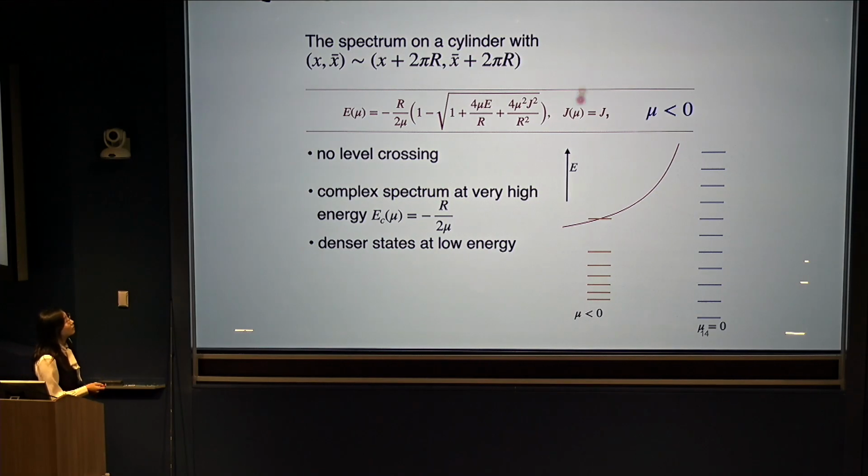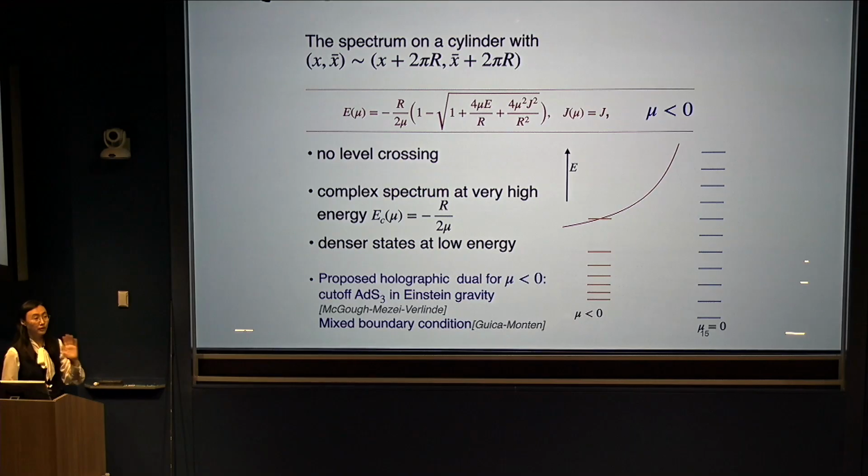If we consider the negative sign, we'll see that if we start with the states at zero deformation and then start deforming, the states at lower levels become more dense and become more sparse at higher levels. Meanwhile, there is a value of the high energy where what's inside this square root becomes negative, and there seems to be a cutoff of this energy. And what about the other sign?